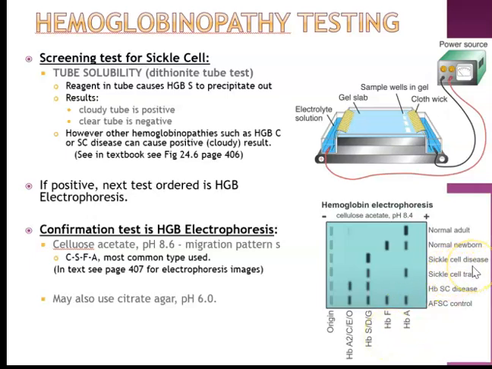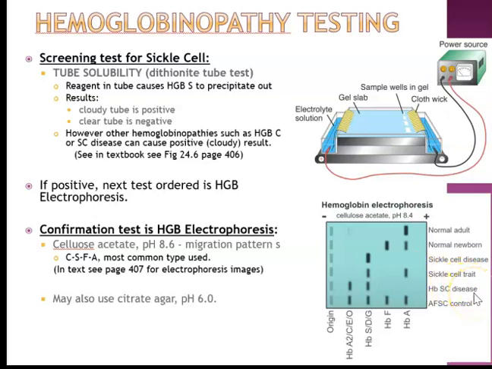Our sickle cell disease patient is only going to have the hemoglobin S. The patient that's carrying the sickle cell trait is going to have hemoglobin A for a normal adult, but also the sickle cell trait showing up.